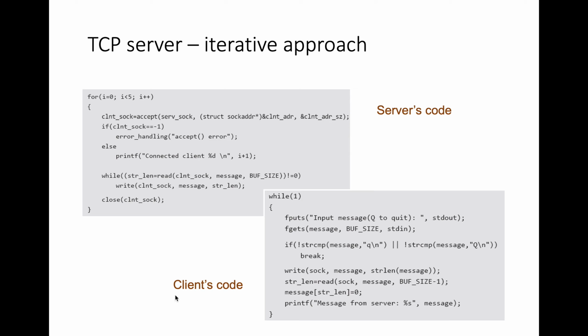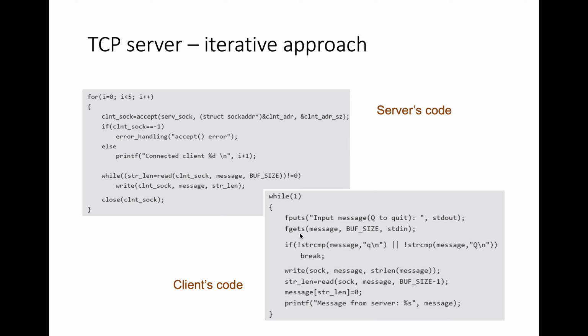And then the TCP client's implementation looks like this. After creation of the socket, the TCP client makes a connection request. Actually, it's before the while loop. It connects to that server, and then keeps on writing a message.